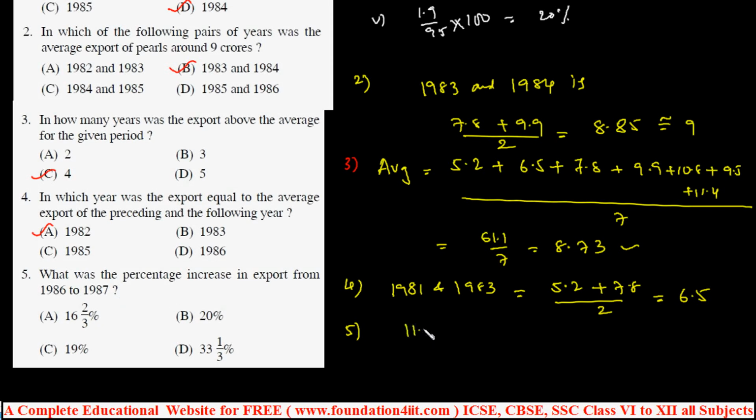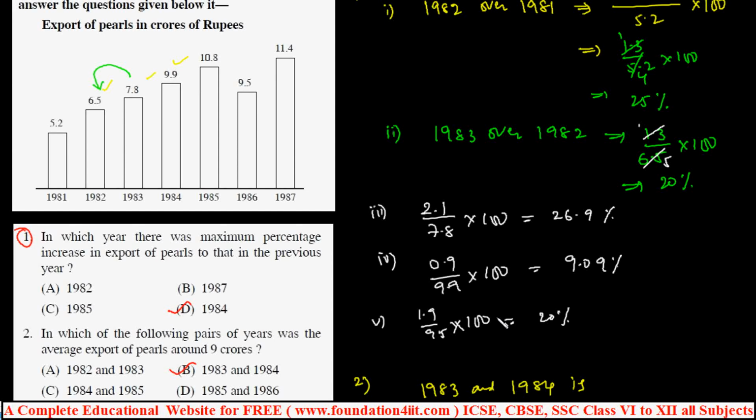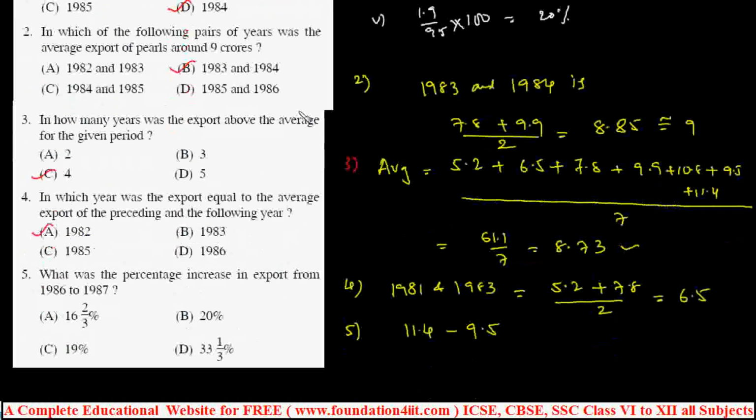That means 11.4 minus 9.5, because 11.4 is for 87 and 9.5 is for 1986. So 11.4 minus 9.5, divide by 9.5, and multiply by 100 to get the percentage value, right? That's what they mentioned here.